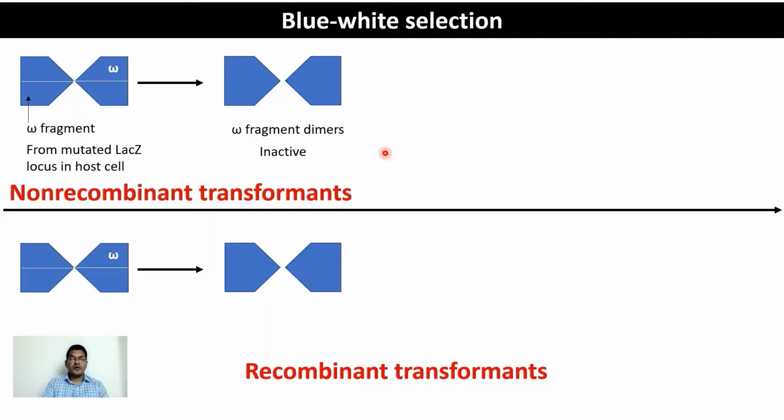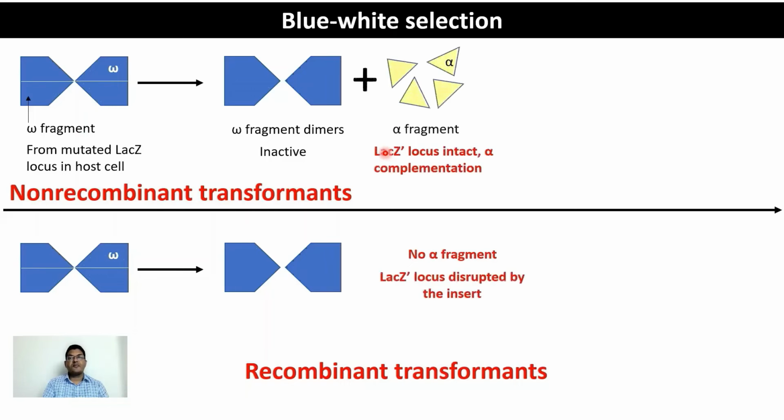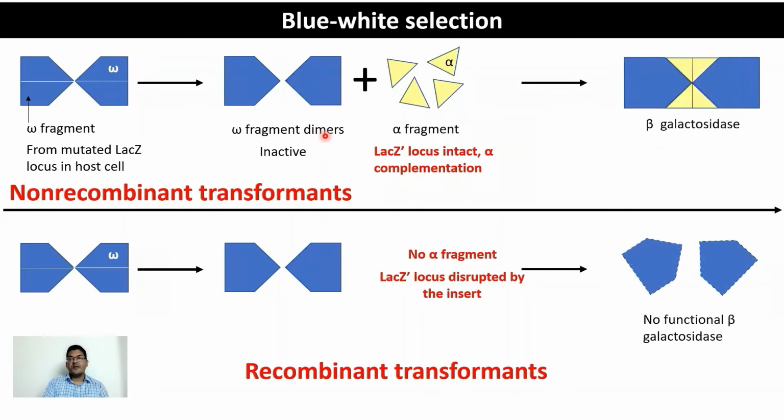In the case of non-recombinant transformants, this alpha fragment is provided by the lacZ prime locus in the plasmid, which is also holding the MCS. So in this case, the non-recombinant plasmid would have an entire lacZ prime locus, which can synthesize the alpha fragment, and this alpha fragment can then combine with the omega fragment derived from the host cell, forming a functional beta-galactosidase.